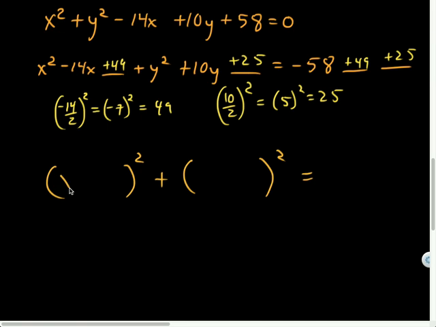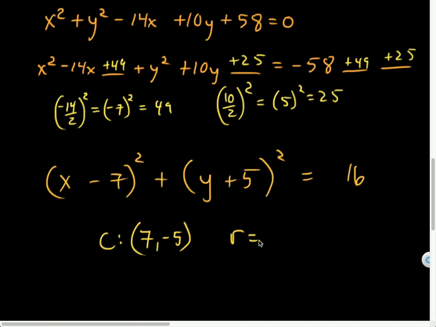So this will end up being x minus 7, and this will be y plus 5 all squared. And let's see, 49 plus 25, 74 minus 58, I get 16. How convenient. So that means my center is 7, negative 5, and my radius is the square root of 16, or 4. And this all would be my answer.